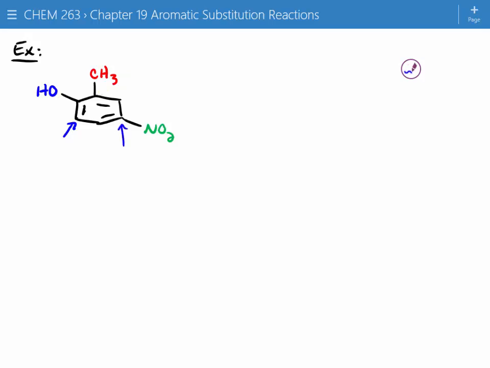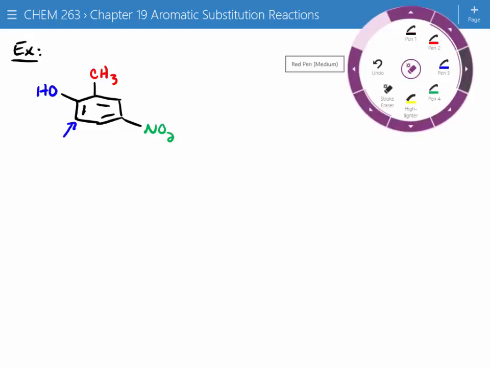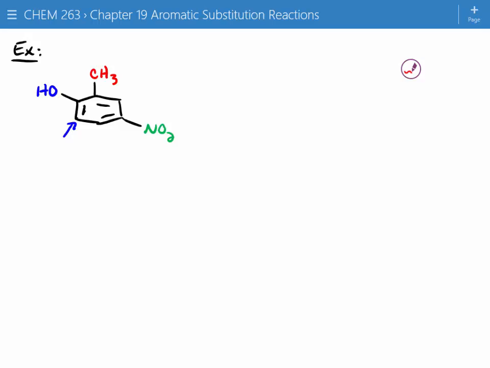What about here? Nope, it's occupied, so we ignore that. So really the only position that would be available or favored to the phenol would be the position shown in blue. All right, what about the methyl group? Is that an ortho-para director or a meta director? Meta.